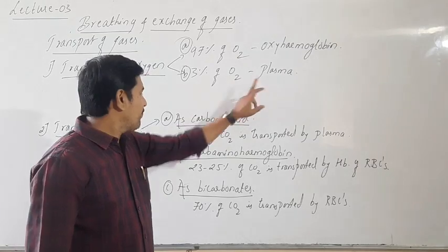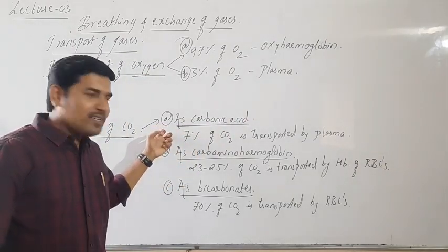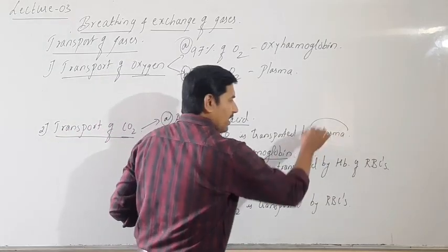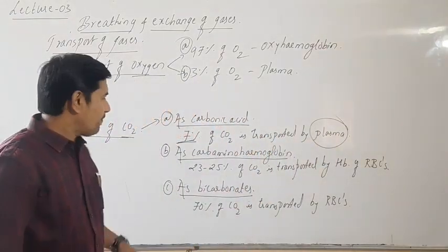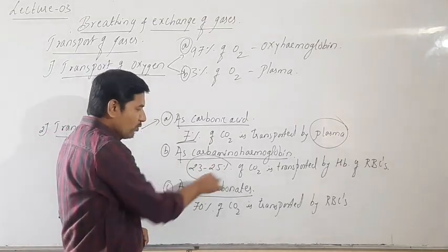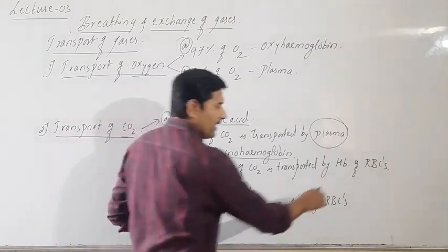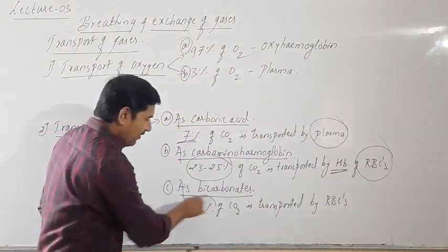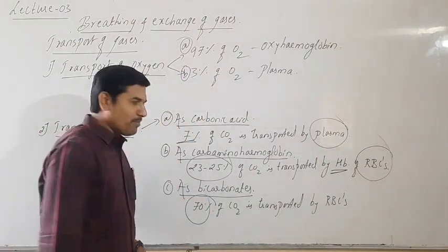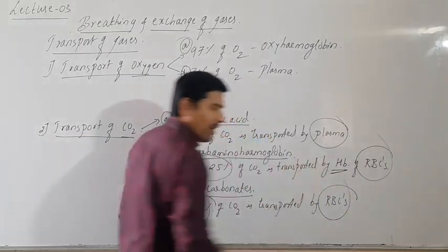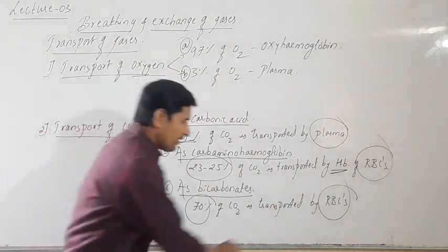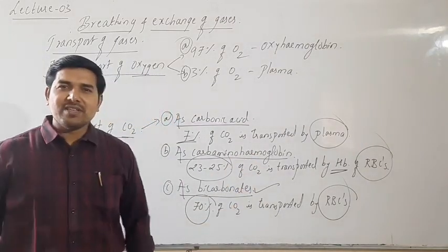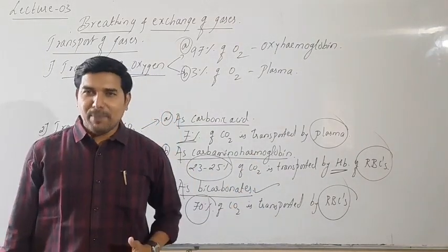Regarding carbon dioxide, only 7% is transported by the plasma of the blood. Then 23 to 25% is transported by Hb of RBCs. Then 70% of CO2 is mainly transported by the RBCs in the form of bicarbonates. So the major transport is in the form of bicarbonates.